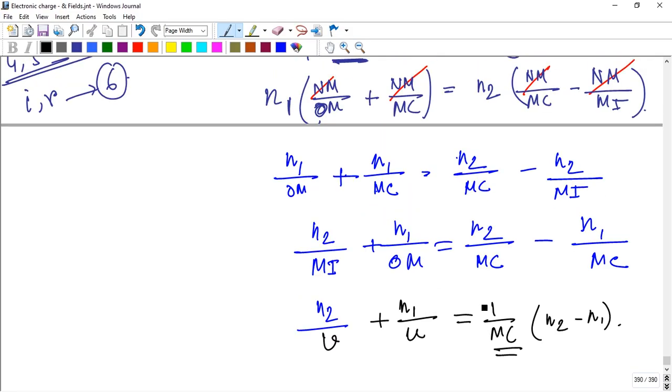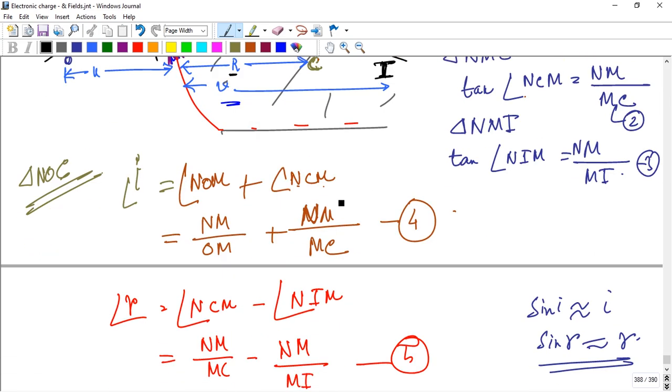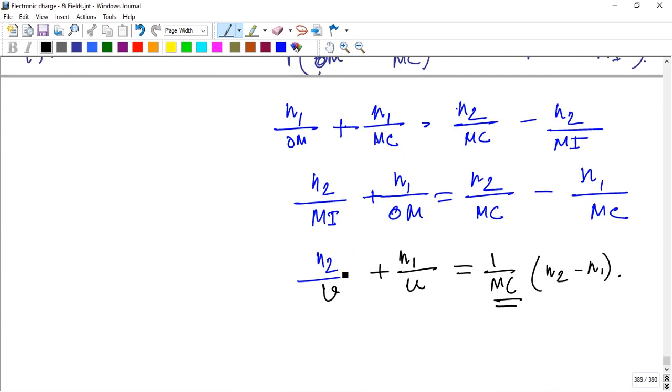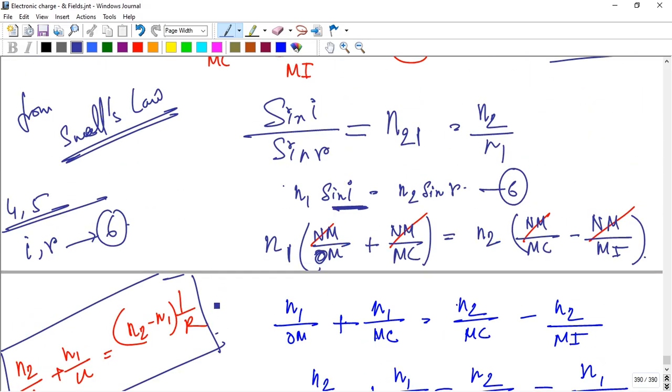What is the value of 1 by MC? MC means that is R. So the final expression I get is N2 by V minus N1 by U equals N2 minus N1 times 1 by R. That's the final expression, equation number 7.